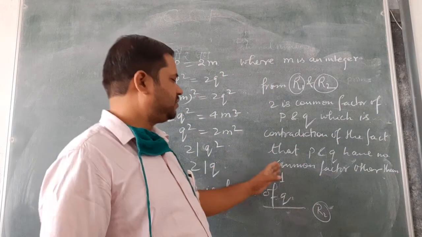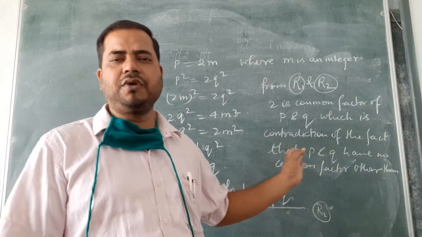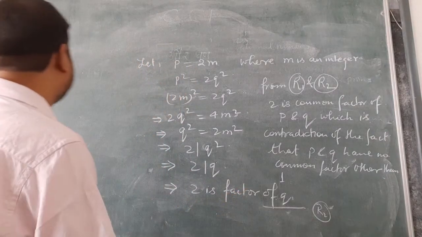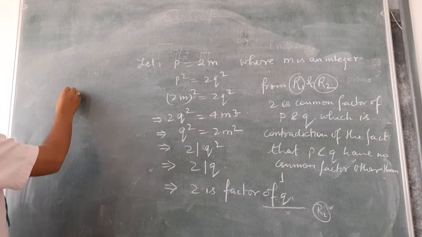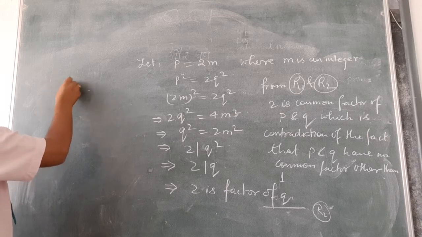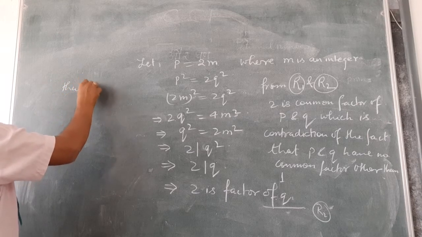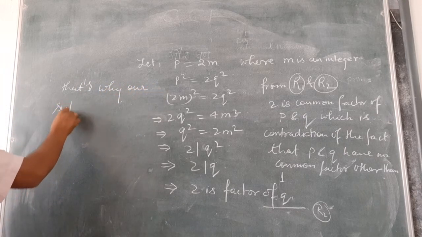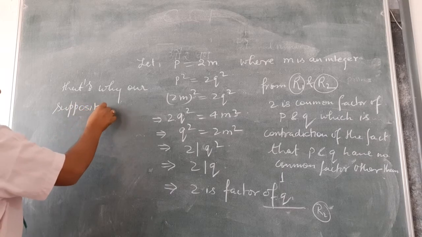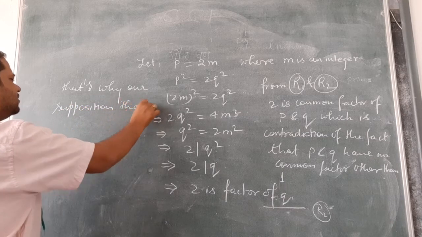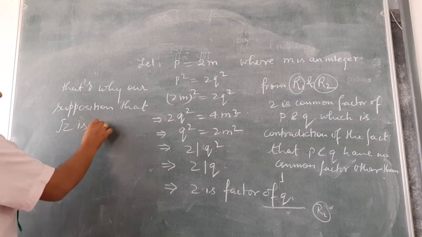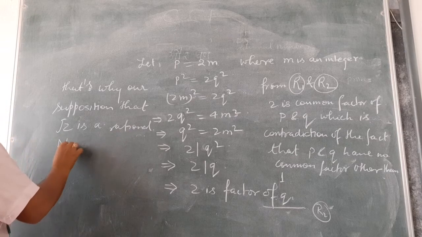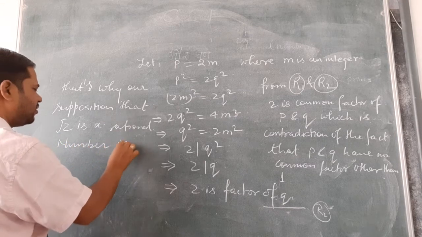That's why our supposition that root 2 is a rational number is wrong.